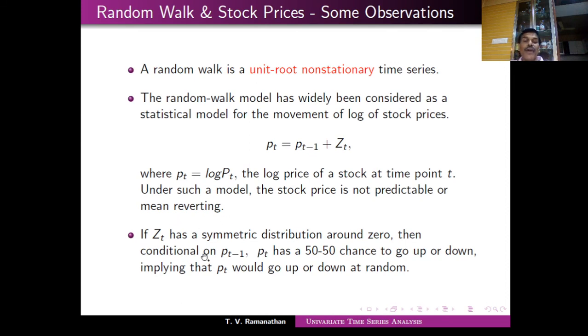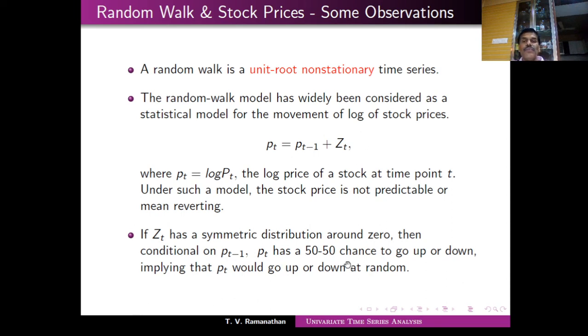People also try to interpret this in a different way. If zt has a symmetric distribution around zero, then with probability half it goes to the positive side, and with probability half it goes to the negative side. So the stock price from yesterday increases or decreases with a half probability each.